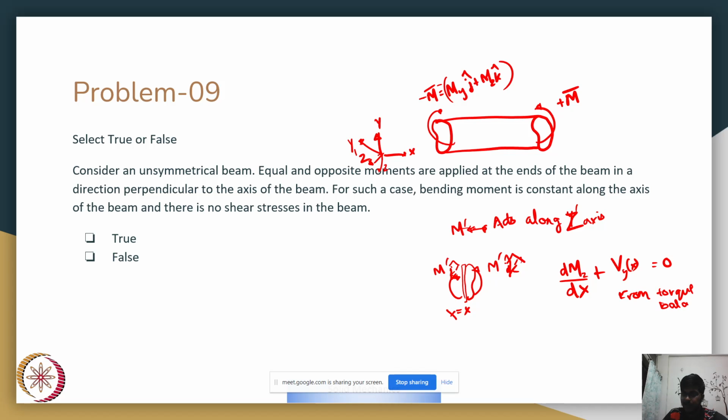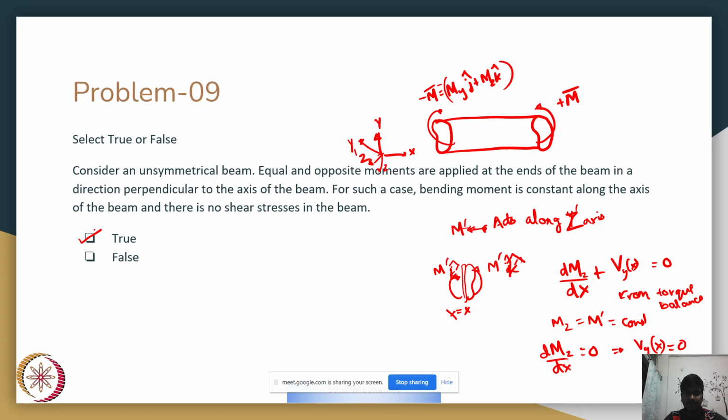Now I know that Mz is equal to M dash, which is constant. Therefore dMz by dx becomes 0, which means that Vy is 0. So there is no shear load acting along the face of the beam, along the cross section of the beam. So no shear stresses are generated.